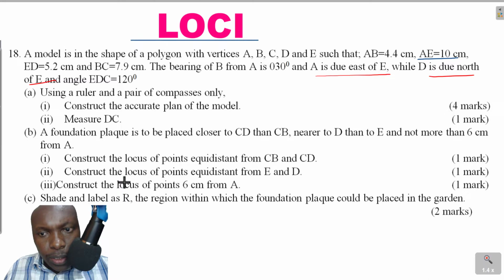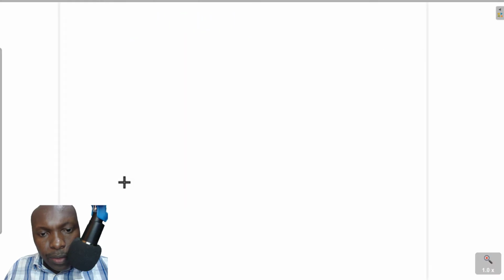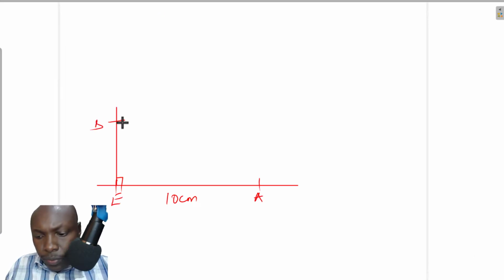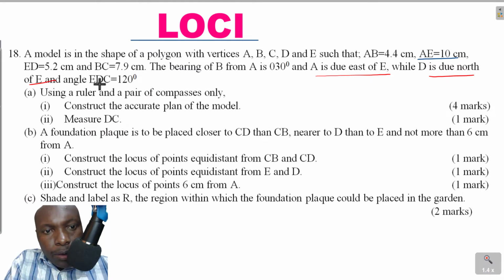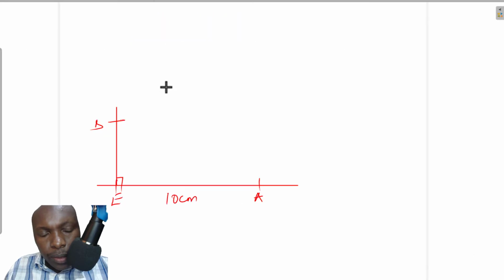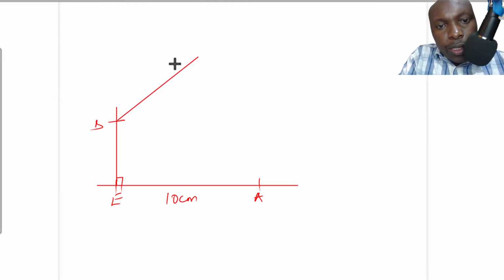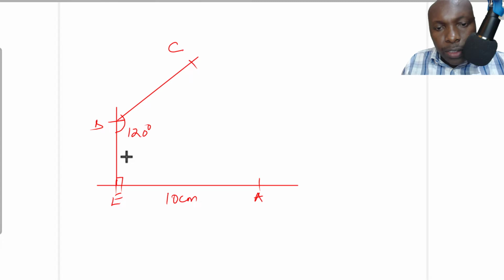Let me just indicate D, and give the measurement here. So D is somewhere there. And then angle EDC is equal to 120 degrees. Let me assume that C will be somewhere here, so that angle EDC at this point is 120 degrees.